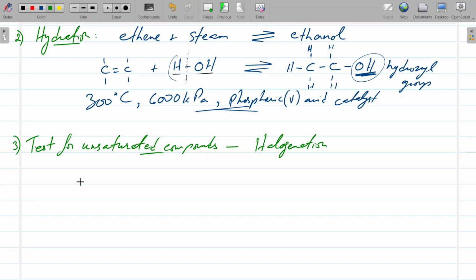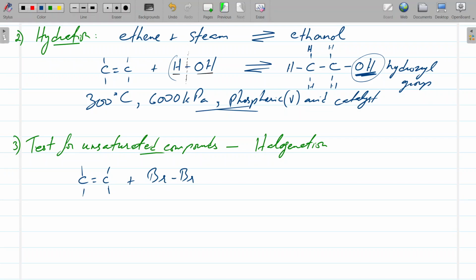So what's happening here is, let's take ethene, with the hydrogens, and for example bromine. Now, why are we taking bromine? Why aren't we taking fluorine or chlorine or iodine?